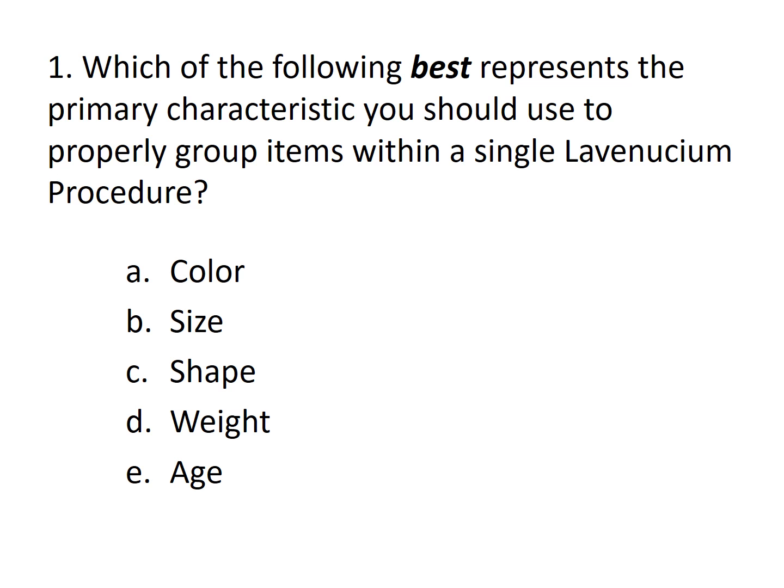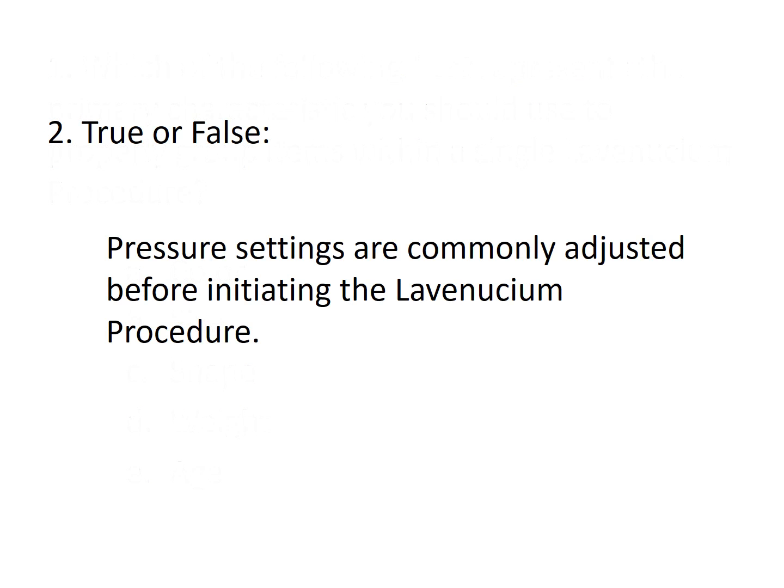Question 1. Which of the following best represents the primary characteristic you should use to properly group items within a single Lavanusian procedure? Question 2, true or false? Pressure settings are commonly adjusted before initiating the Lavanusian procedure.